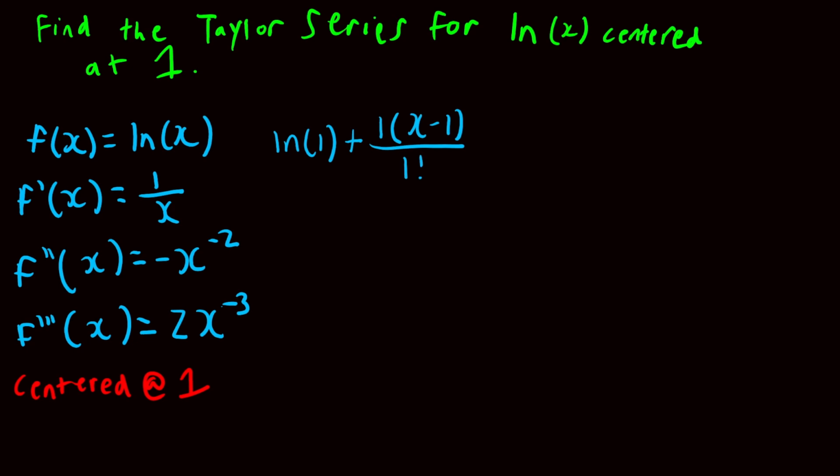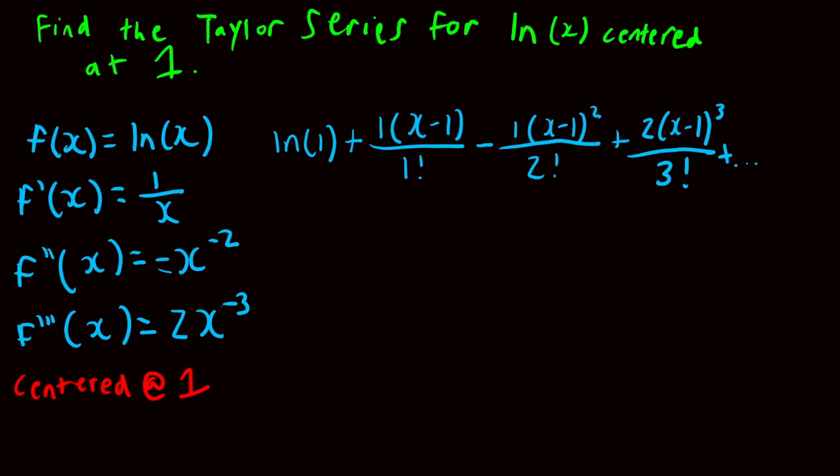Oh, this is going to be a negative, right? So it's going to be -1 times (x minus 1) squared over 2 factorial plus, oh, this one's a little bit different. This one's 2 times (x minus 1) cubed over 3 factorial. Okay, and then plus... So I think we're good enough, right?